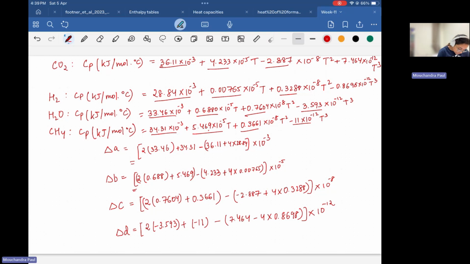Okay. So we have written the expressions for calculating the delta values. Let's quickly do that.